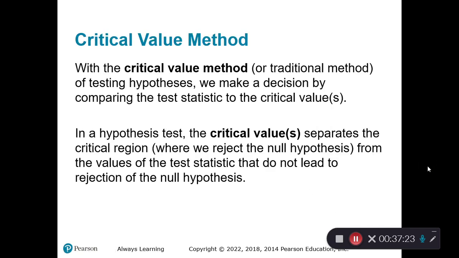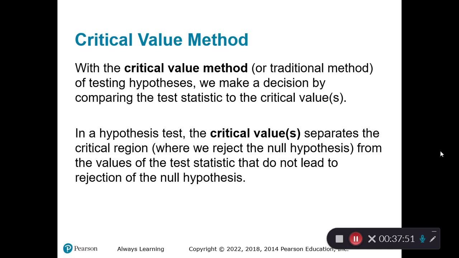For the critical value method, again following the same chapter problem, once we found that z is equal to 1.25 or that z is equal to 1.22, we would compare it to a critical value that would be found in advance. The critical value comes directly from the significance level for your test. If you have a 10% significance level, you'll get a certain critical value.